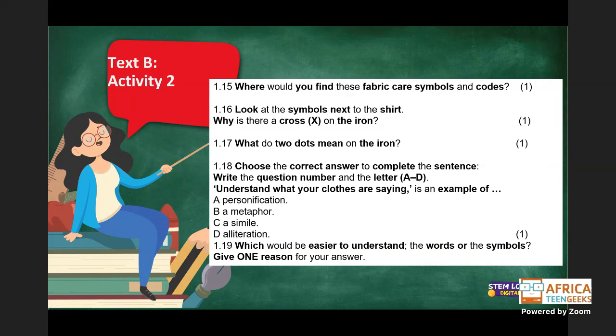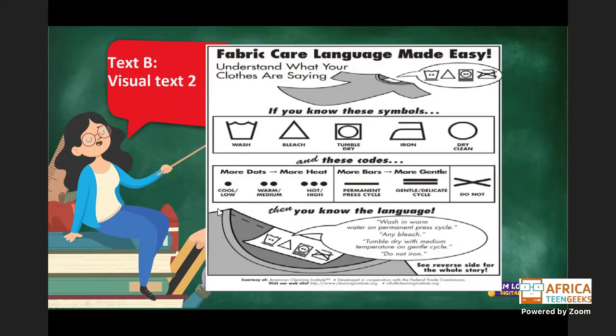Second question. So 1.16, look at the symbols next to the shirt. Why is there a cross on the iron? This is an easy one, guys. I'm going to go back. So there's a cross there, just at the top, next to the t-shirt.